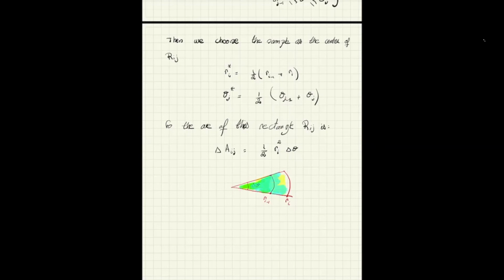So when you subtract, it gives you the area here that you're looking for. And this is our R_ij. So now we have to subtract 1/2 of R_i squared delta theta, right?